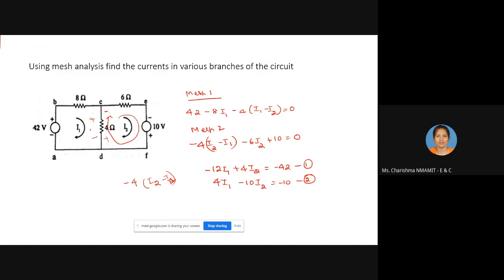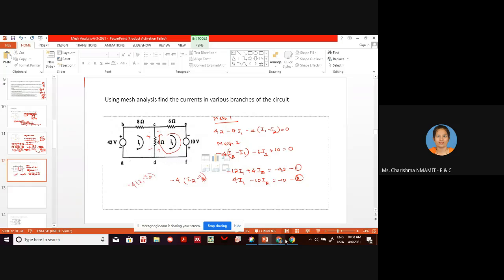You are moving according to the orientation of I1, so it is plus to minus 4 into (I1 minus I2). When you come to this loop, you are moving according to the orientation of I2, so you write the equation with respect to I2. So it is minus 4 into (I2 minus I1). Have all of you got the answer?